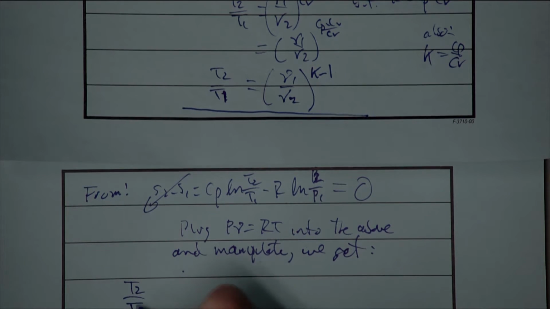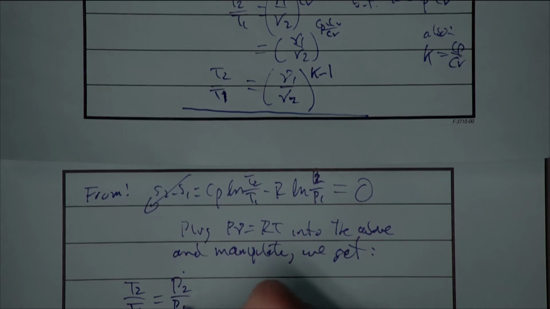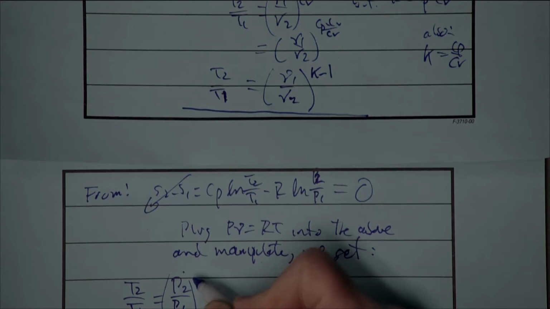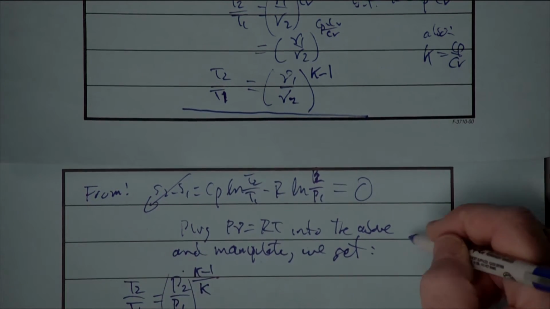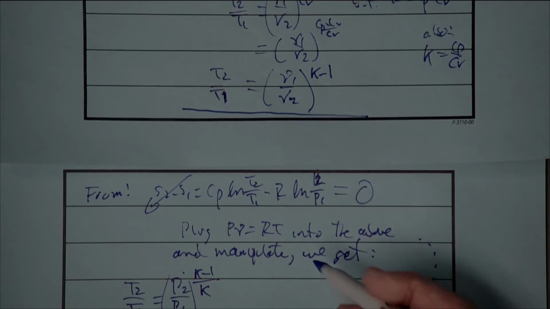We'd find that the temperature ratio T2 over T1 is going to equal the pressure ratio P2 over P1 raised to the (K minus 1) over K power. So, clearly I've skipped a lot of steps between that statement and this result, but it's not a difficult derivation. It's very similar to the one above, and again, I'll just let you guys go through it on your own.